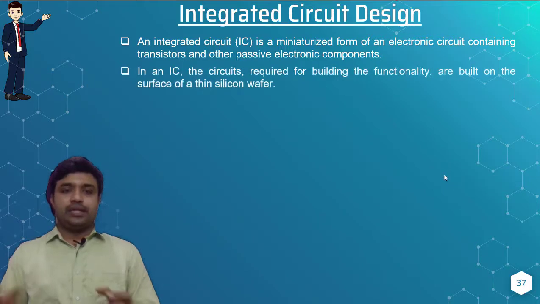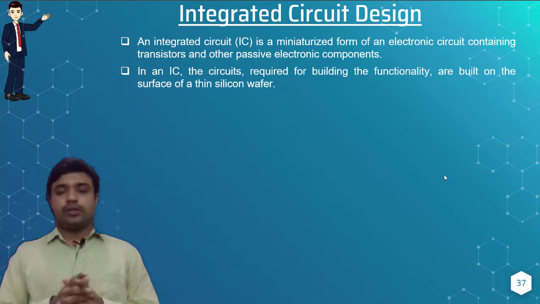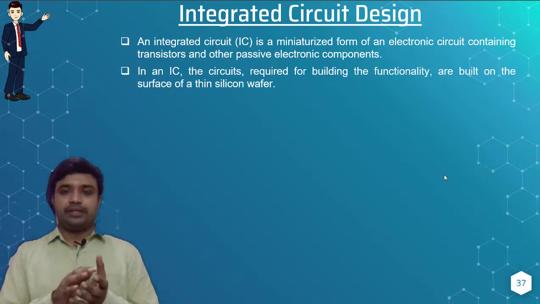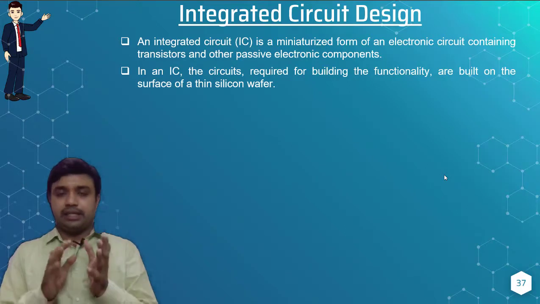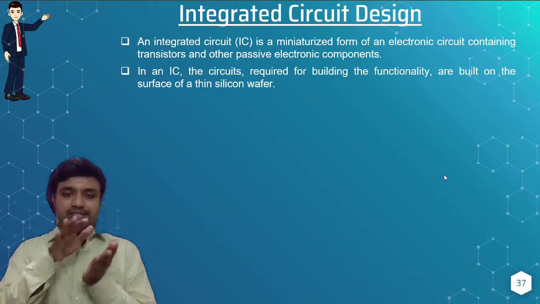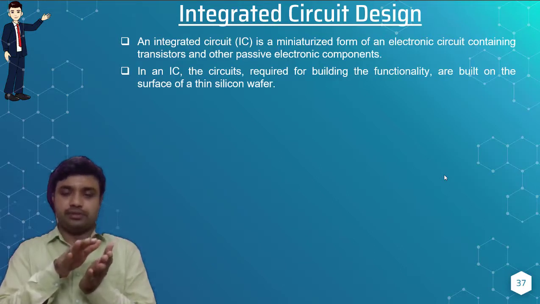In an IC, the circuits required for building the functionality are built on the surface of a thin silicon wafer. So we combine all the circuit components or elements for the IC to be functional, and they are built on a silicon wafer section.